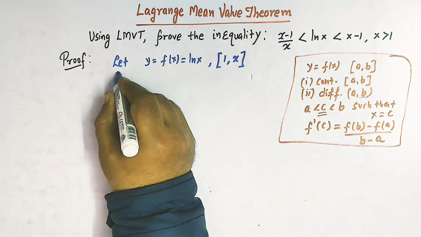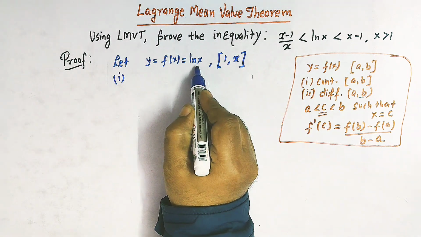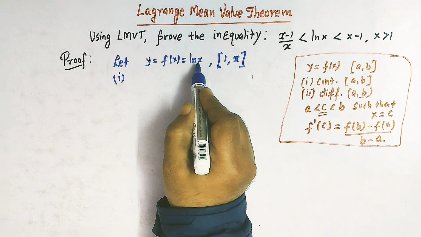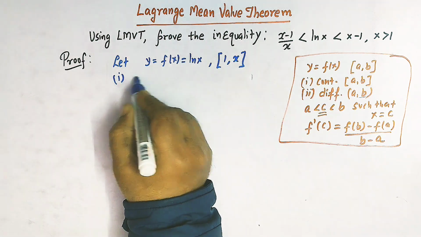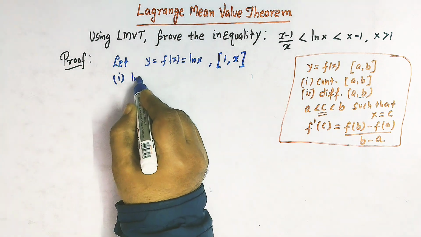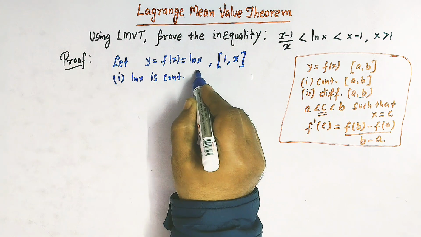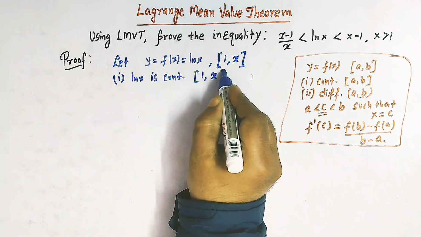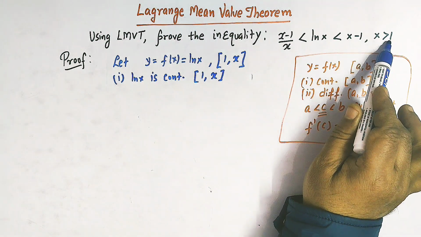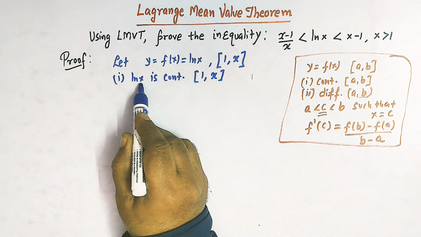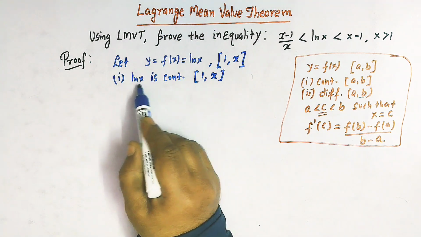So the first condition is the continuity of this function, that is log of x. And we know that in the domain of log function, this function, that is ln of x, is continuous in the interval 1 comma x. And here x is greater than 1, so log of x is defined for all values of x.